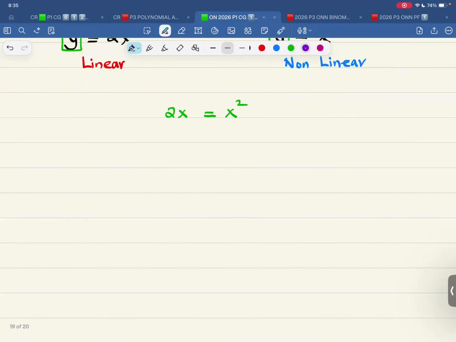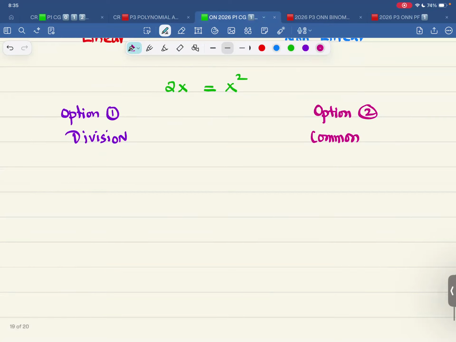Let me give you two options. Option one of solving is based on division. Option two of solving is based on taking common. And one of them is completely correct, the other one is not. Let's focus on this. So division: 2x is equals to x square, divide by x.